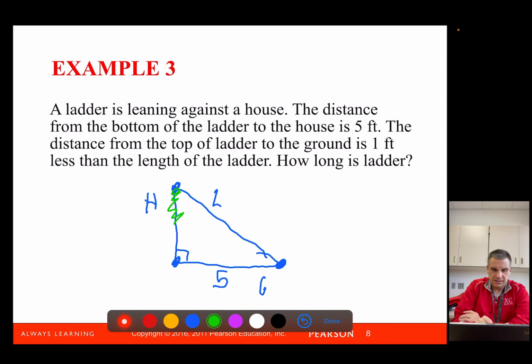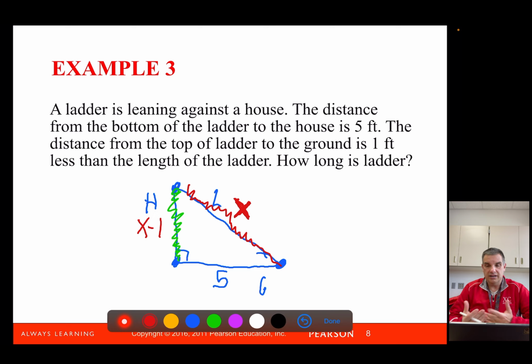So that's this distance right here, is 1 foot less than the length of the ladder. The length of the ladder is right there, and we don't know it, so the length of our ladder is going to be our x value. The distance from the top of the ladder to the ground is 1 less than the length of the ladder, so this is x minus 1.